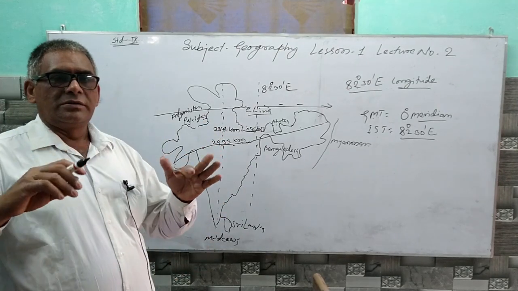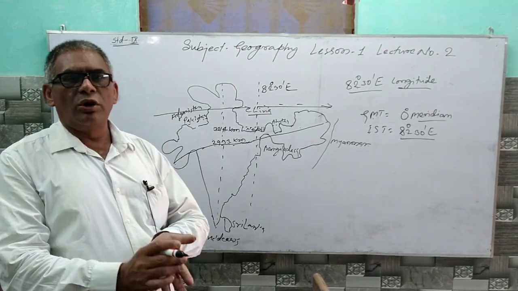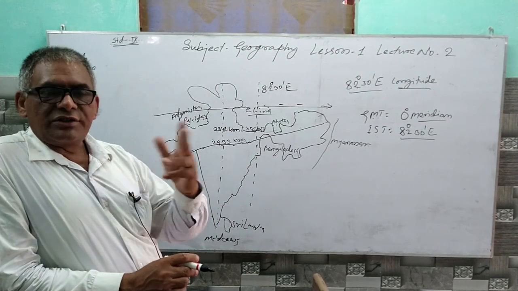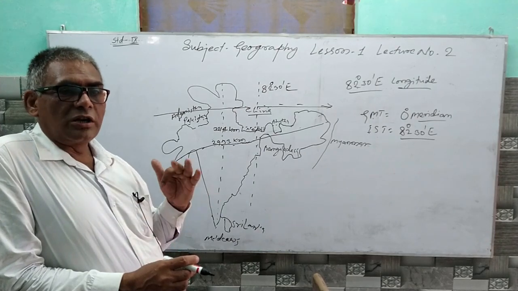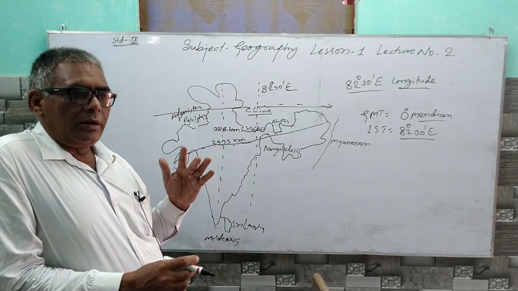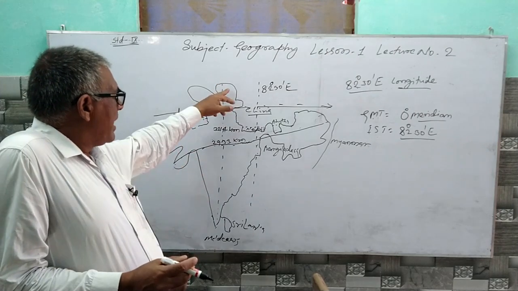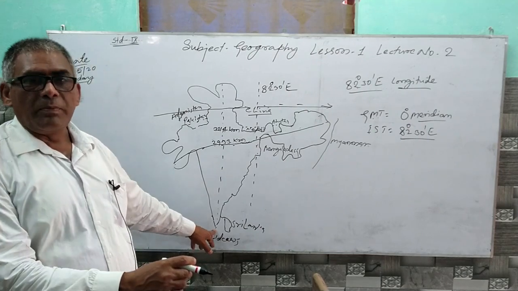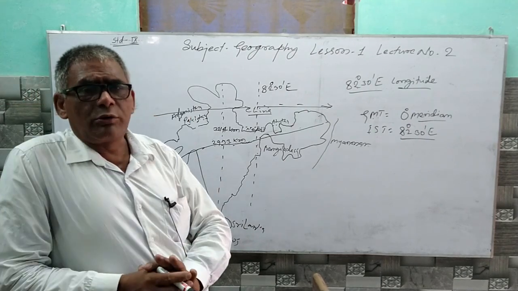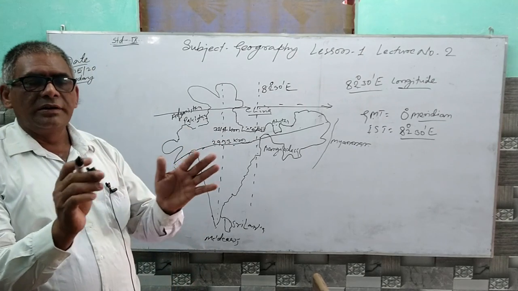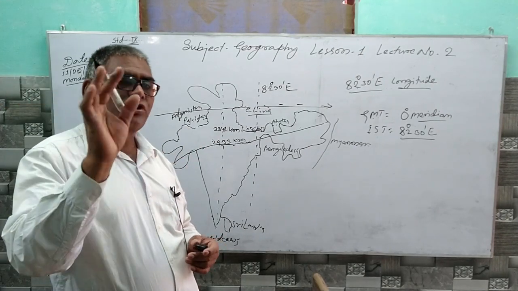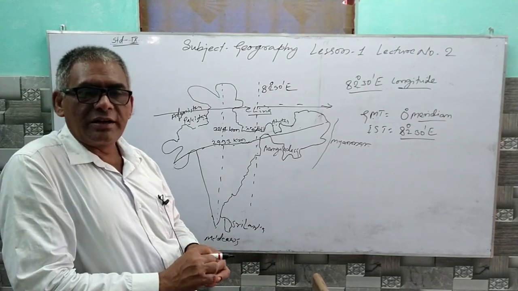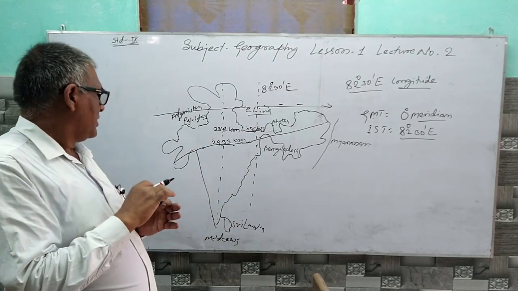So that is the southernmost point of India, Indira Point. But if you are asked in the exam what is the southernmost point of the Indian mainland, you will have to say Kanyakumari. But if the question is what is the southernmost end point of India, then you have to answer Indira Point.